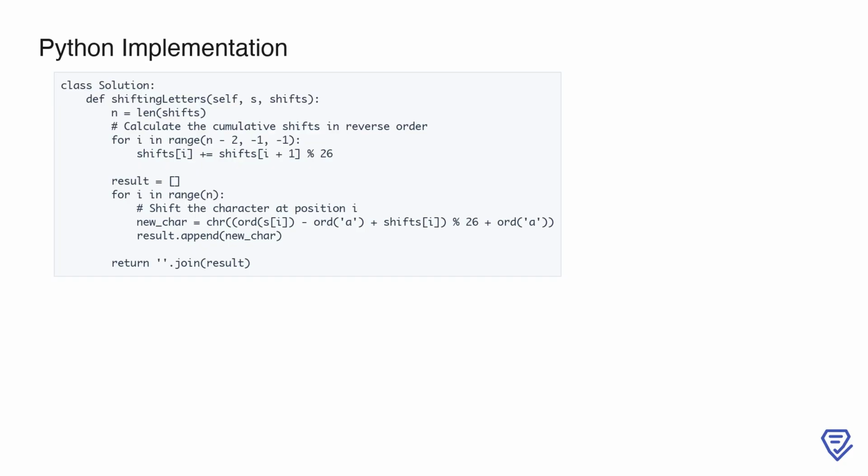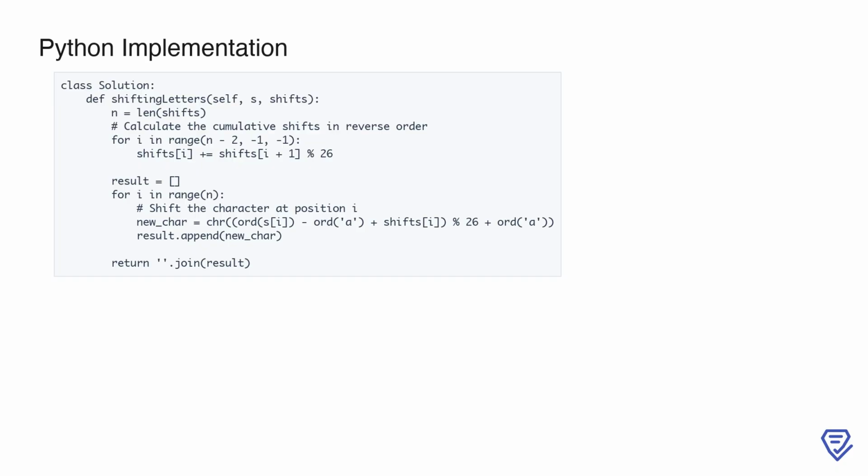3. Character shifting. Once we have the cumulative shifts, we iterate through the string s. For each character s[i], we calculate its new shifted position using modular arithmetic. The formula, (ord(s[i]) - ord('a') + shifts[i]) % 26, computes the new position in the alphabet, and chr(... + ord('a')) converts it back to a character.